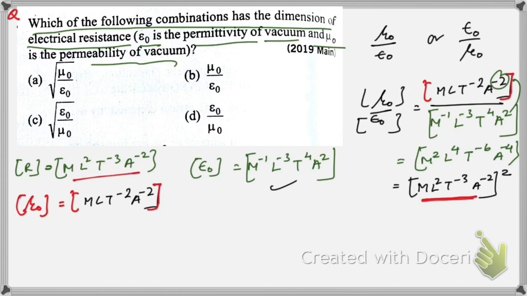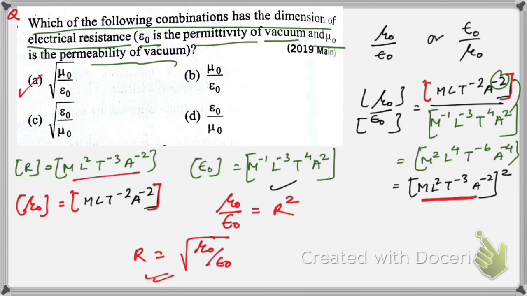So from this result, mu naught by epsilon naught is equal to resistance square, R square. If R square is mu naught by epsilon naught, then R must be equal to root over mu naught by epsilon naught. So this is the result. Here the correct option is A. Hope you have understood this. Now let's move on to the next question.